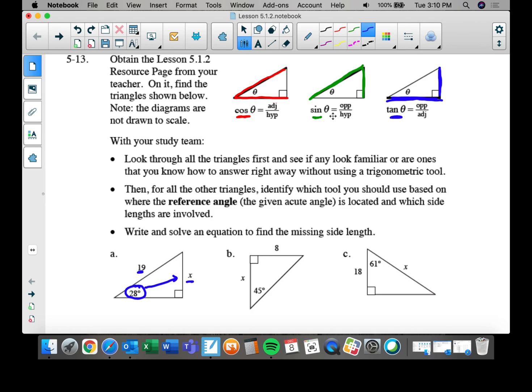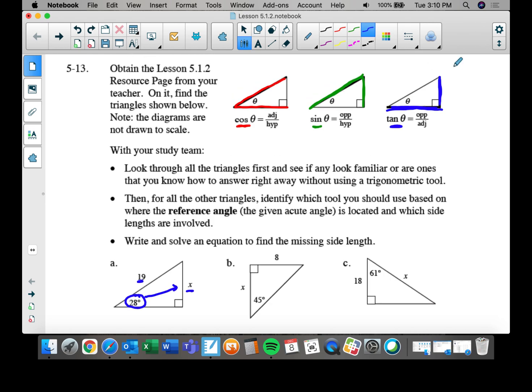One of the other ways to remember this, you may have heard in the past, is what's called SOHCAHTOA. It's just an acronym to help you remember what goes with what. S stands for sine, which is opposite over hypotenuse.